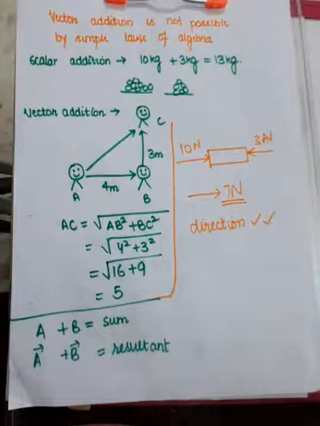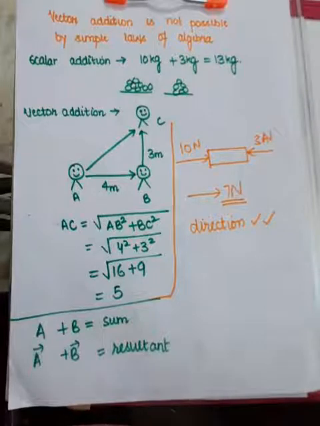Because addition means you are finding out the overall effect. When I say add them all, I try to convey that you need to find out the overall effect. And when we are finding out the overall effect, there is some kind of cancellation also. I am finding out the net effect, and that is known as vector addition, but eventually it is not that addition that you have been performing since so many years, right?